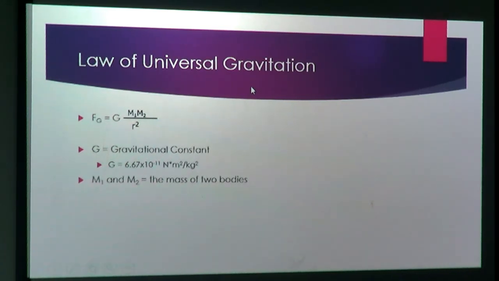Okay? M1 and M2 are the masses of the two bodies, of course in kilograms. R is the distance between them. Right. Okay? And of course it's going to be squared too.